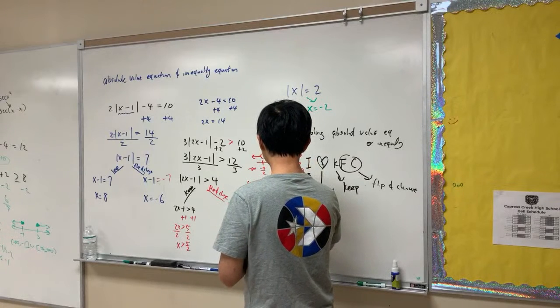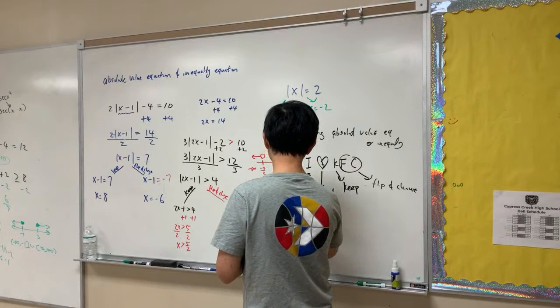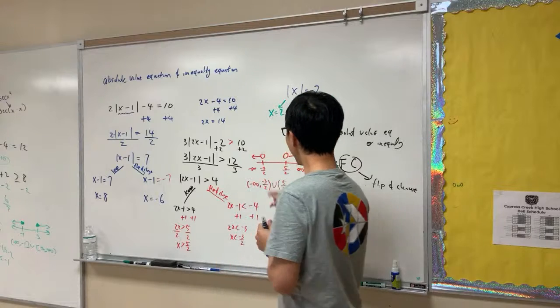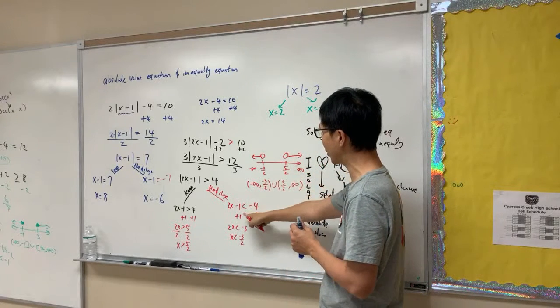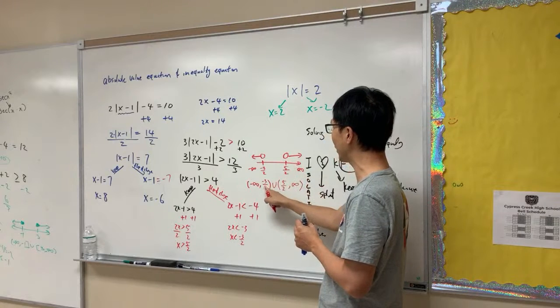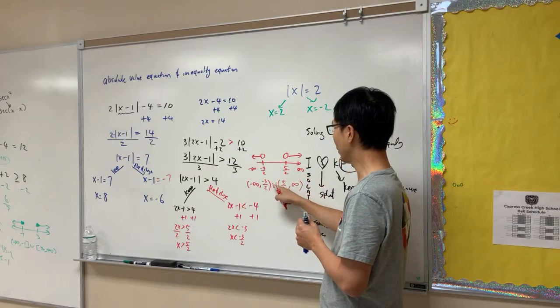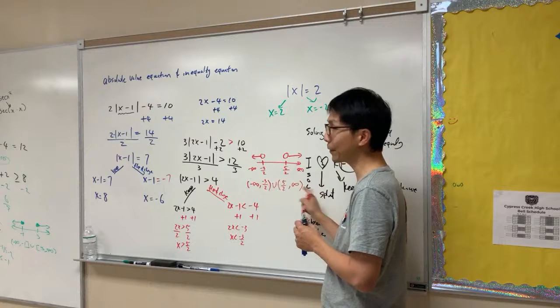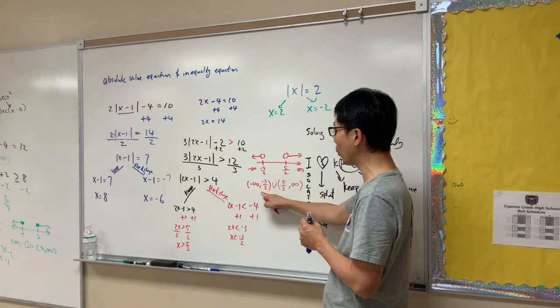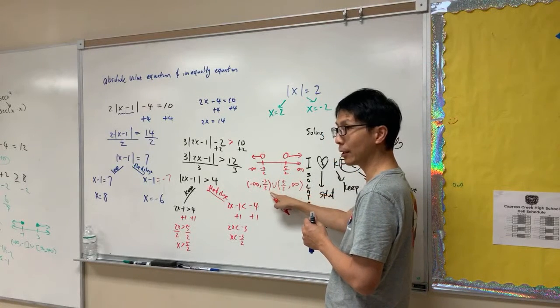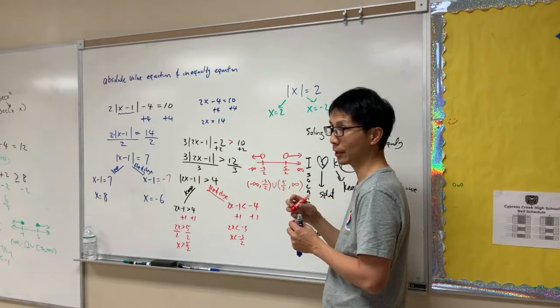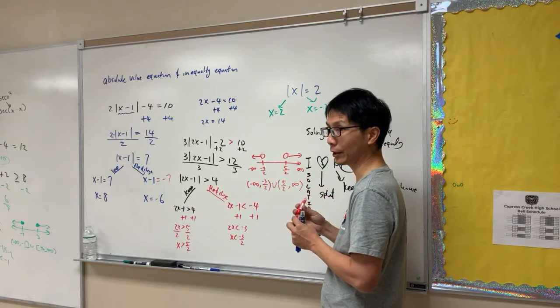Union of 5 over 2 to infinity. Parenthesis. If it's a closed circle, if this is a greater than or equal to or less than or equal to, therefore it's going to be what? Bracket. So bracket, but not at infinity. But also make sure the order is correct. It's from left to right. It's not -3 over 2 to -infinity. And it's not infinity to 5 over 2.